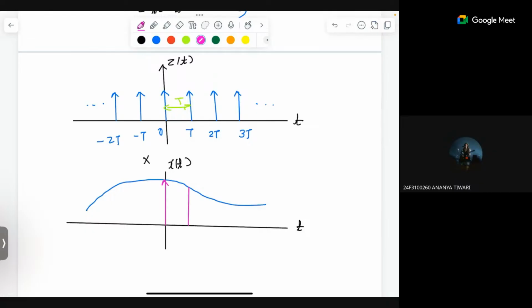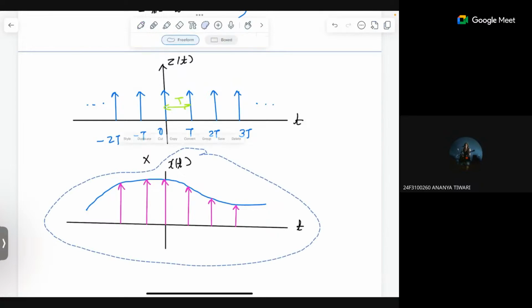Then next, I will have next sample at t equal to T, next at t equal to 2T, then 3T, and so on. And similarly here. So earlier x of t was a continuous time signal, but once we multiplied it with impulse train, we get a discrete time signal.